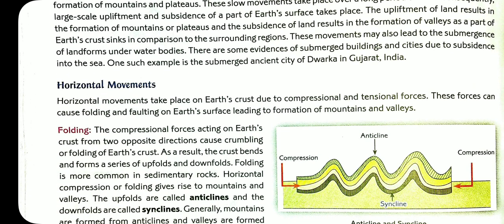Next, horizontal movements. Horizontal movements take place on earth's crust due to compressional and tensional forces. These forces can cause folding and faulting on earth's surface, leading to the formation of mountains and valleys.